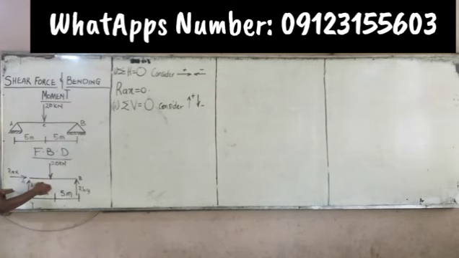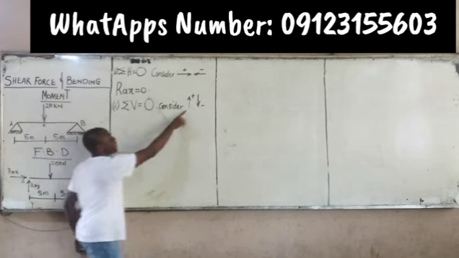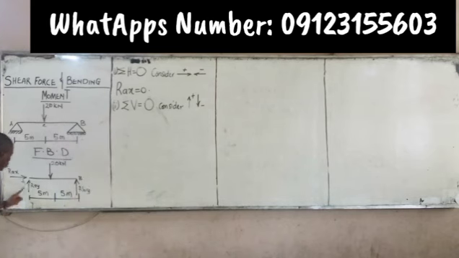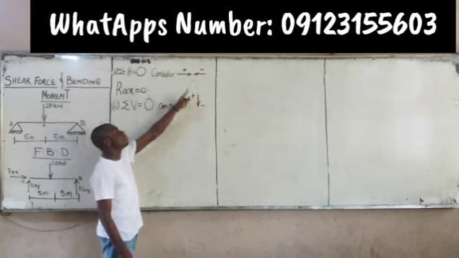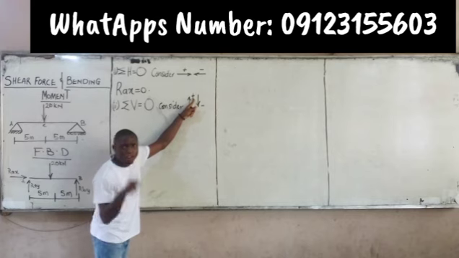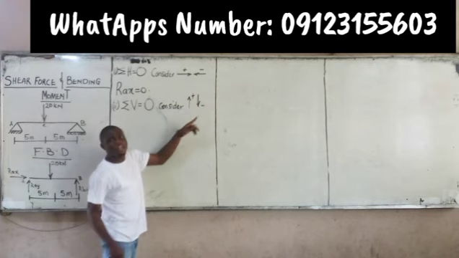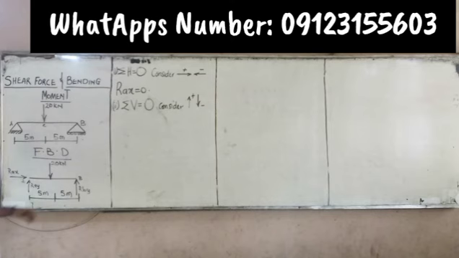Which force is acting in this manner? I have just 1, 2, 3. Hence, we said any force going upward is positive. Any force going down is negative. Which force should we start with? Of course, I can start with this RAY.